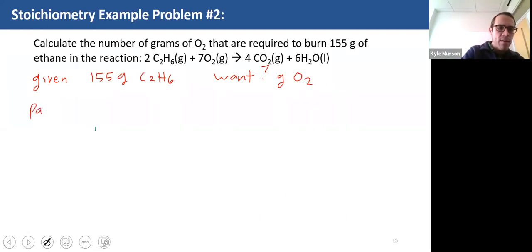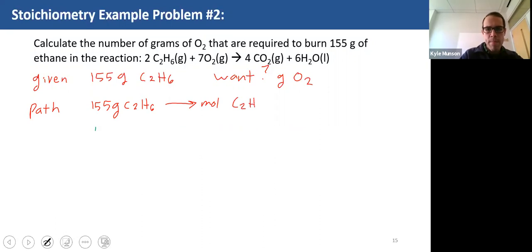My path is 155 grams C2H6, to moles of C2H6 (ethane), to moles of O2, to grams of O2. Why don't we do this step by step.